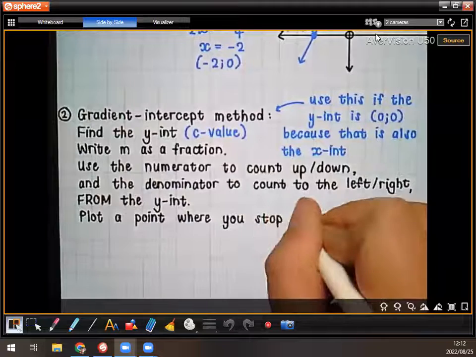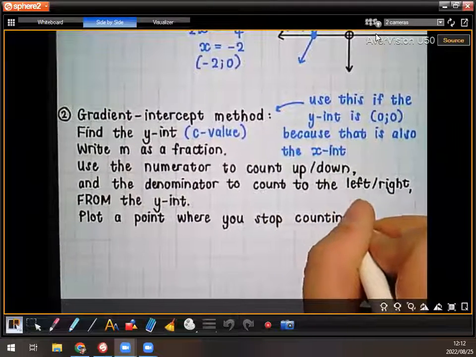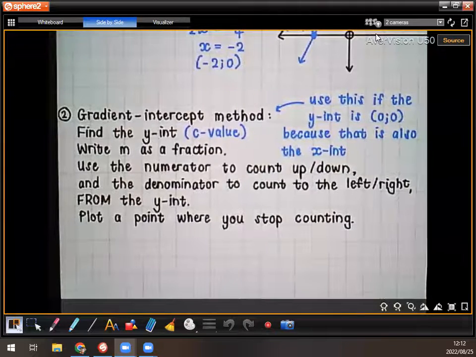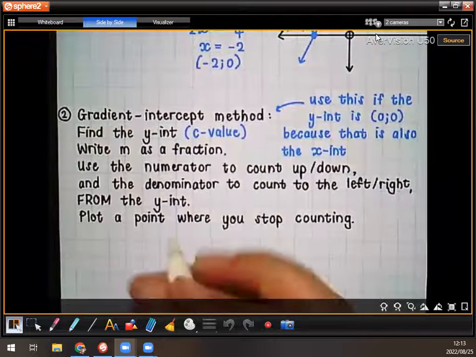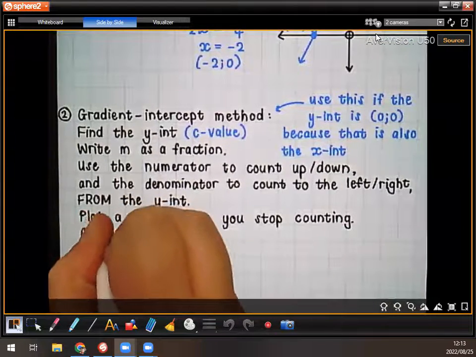And then that's going to be your second point. Right? So then you're going to connect the y-intercept and that point, so a straight line through them. So connect these points.